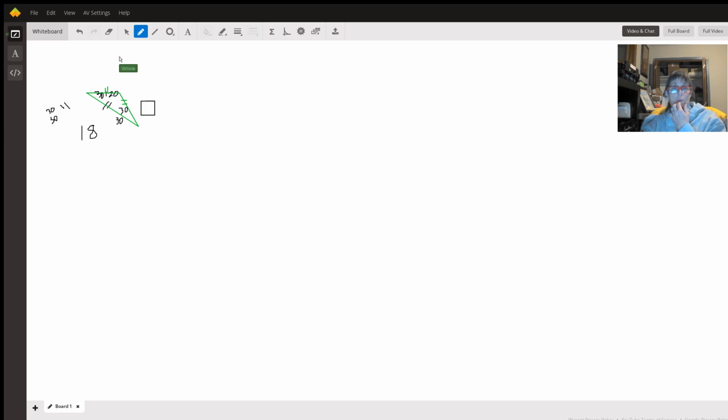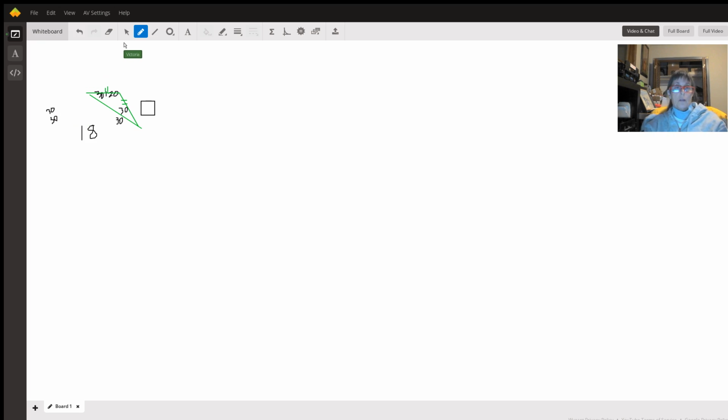And so I think I'm going to erase these for a minute. That's not what I want to erase. Oh, I got to move it. Because they aren't going to help me. Having the two green marks here, because this is an isosceles triangle, will help me.